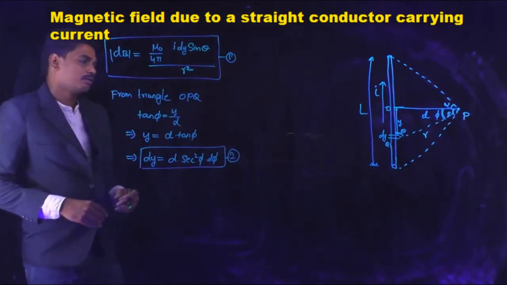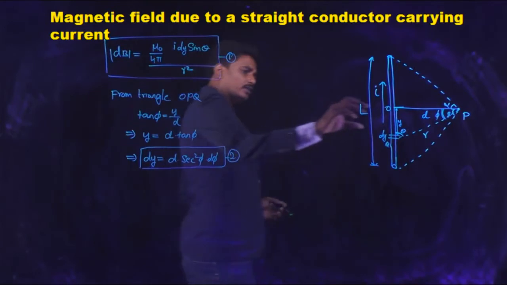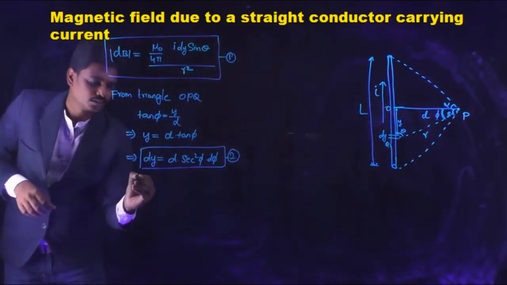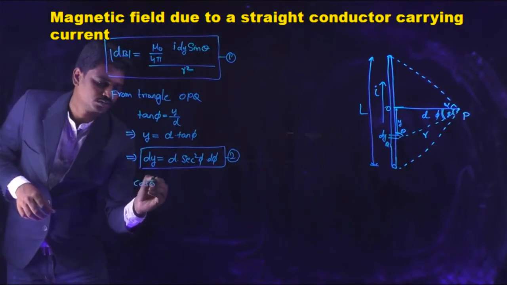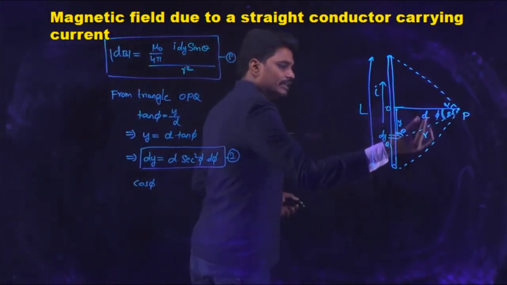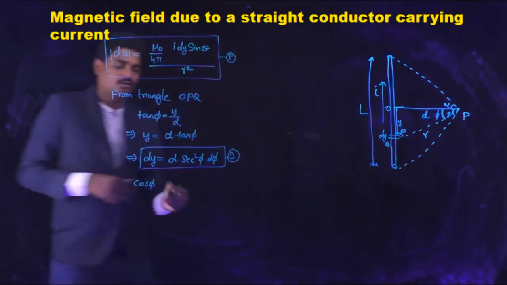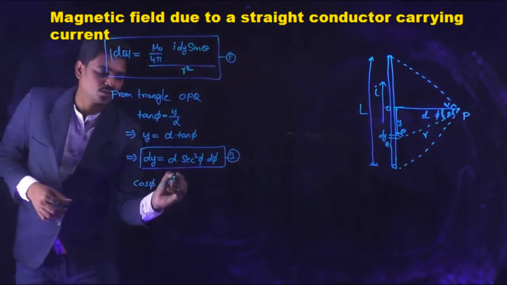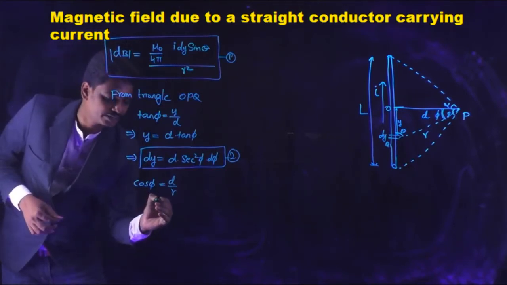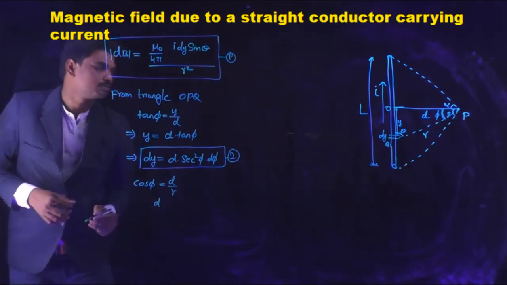Now from the same triangle OPQ, what is cos phi? Cos phi is adjacent side by hypotenuse. Adjacent side is d, hypotenuse is r.